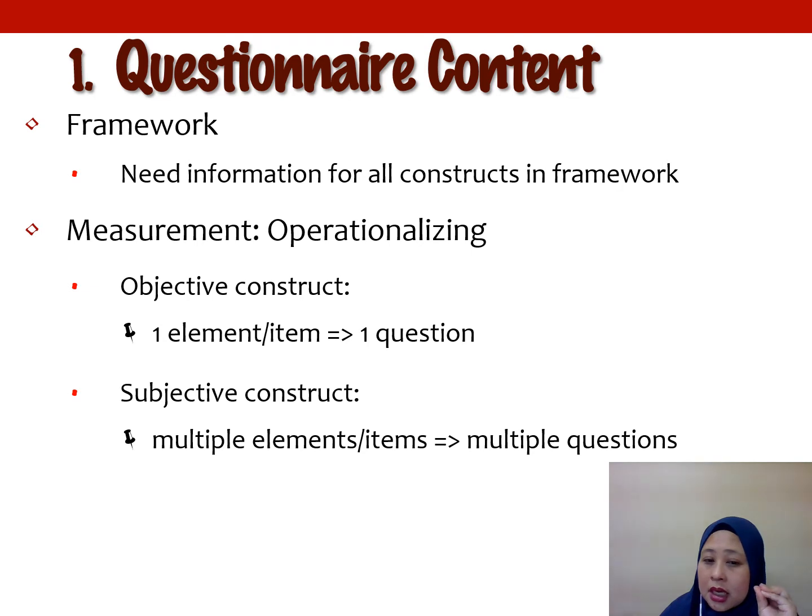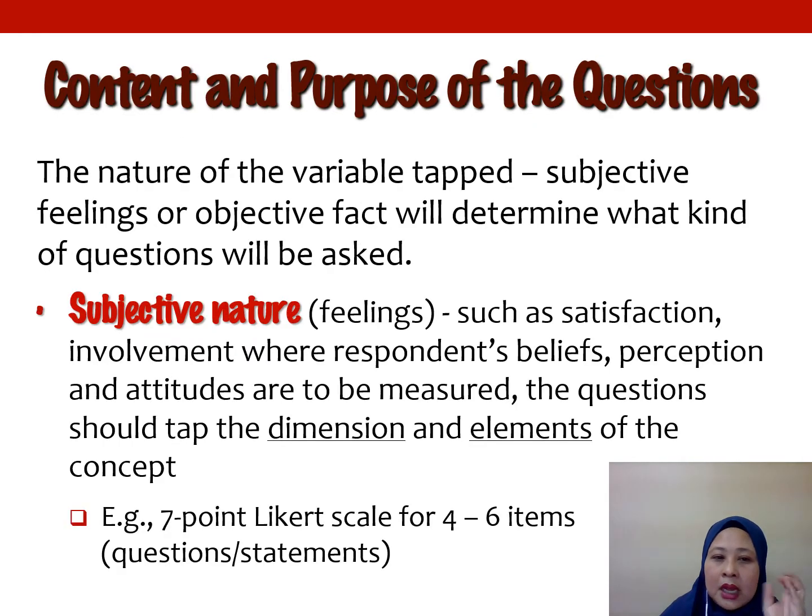You cannot put everything, five things, in one sentence. Your construct must be asked in five multiple questions. Usually the content is subjective in nature, such as satisfaction, perception, attitude, and we usually use a Likert scale, 1 to 5, 1 to 7, 1 to 8, 1 to 11, right?